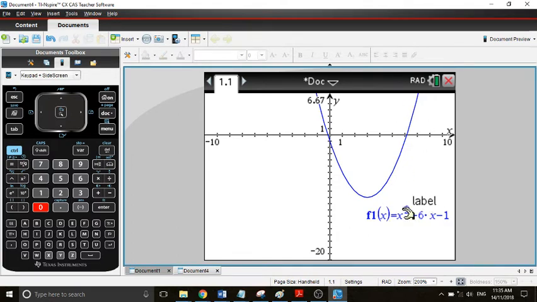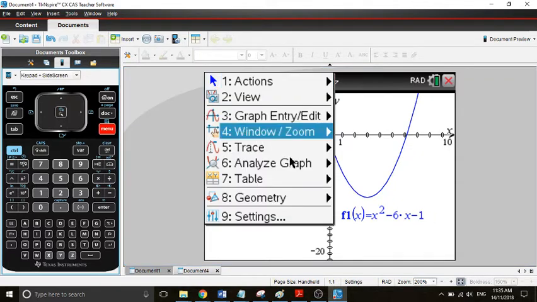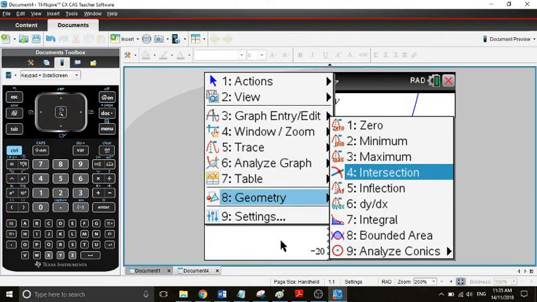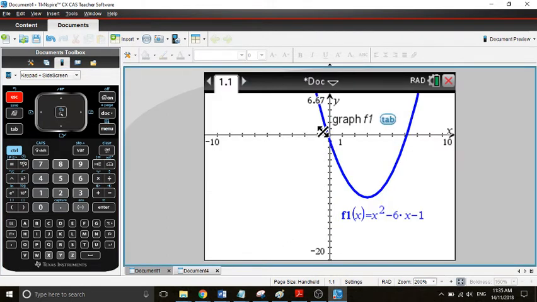So we can see that our y-intercept is here at -1, and we're looking for our two x-intercepts.